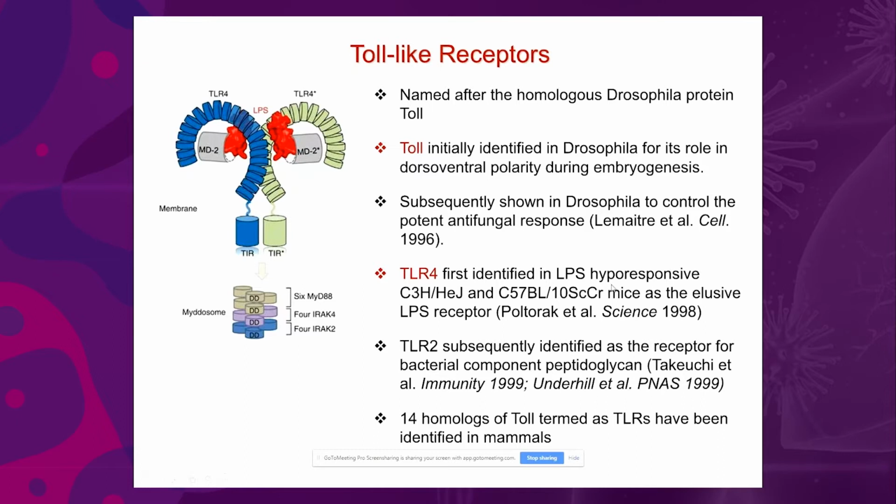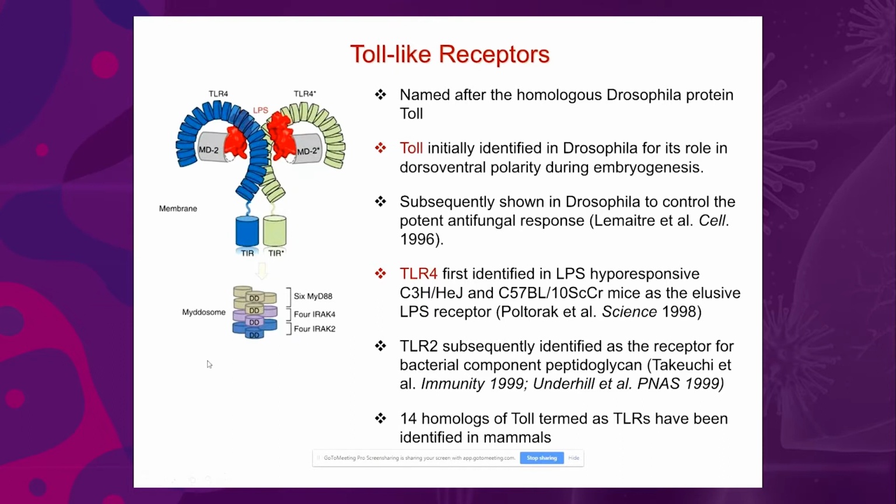The way these experiments were done was by looking in mice, where everyone knew that there are some strains of mice, a specific subtype of C57 black 6 mice and some C3H mice, that do not respond well to LPS, that are hyporesponsive to LPS. So they did classical positional cloning and went on to identify TLR4 as the gene involved in this phenotype.